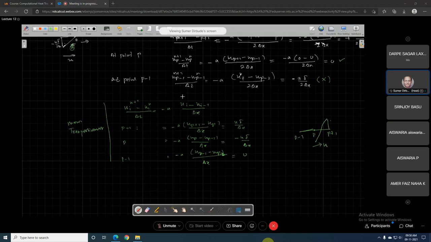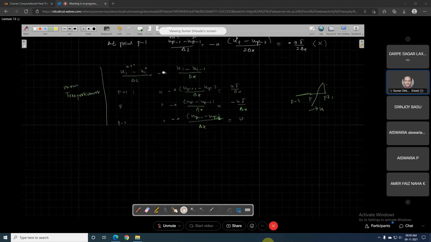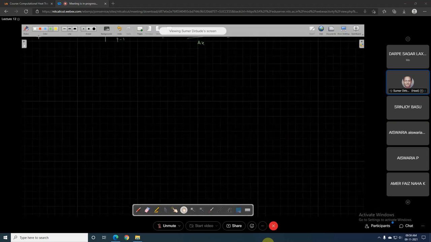Then the third property is conservativeness. Conservation should be there.